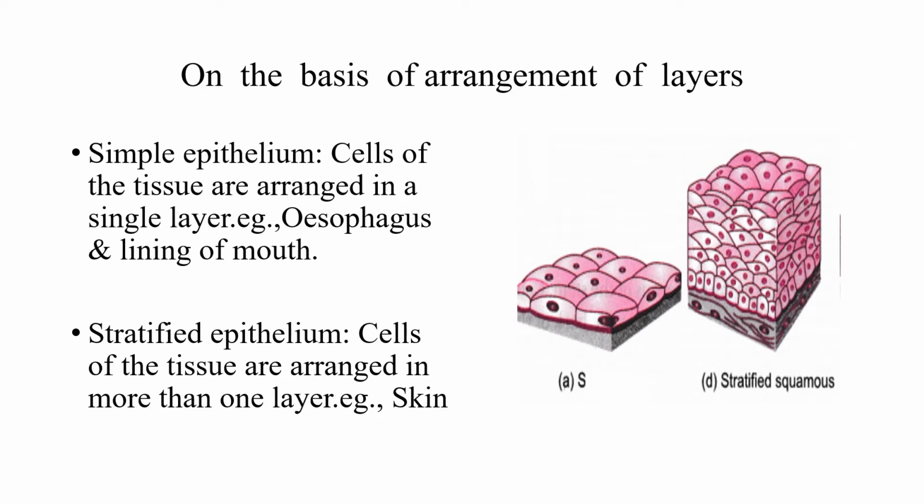On the basis of arrangement of layers, the epithelium is divided into 2 types, simple and stratified. Simple epithelium, as you can see in the diagram, has a single layer of cells arranged. This is found in esophagus and mouth. Stratified epithelium, cells are arranged in more than one layer, especially in skin.